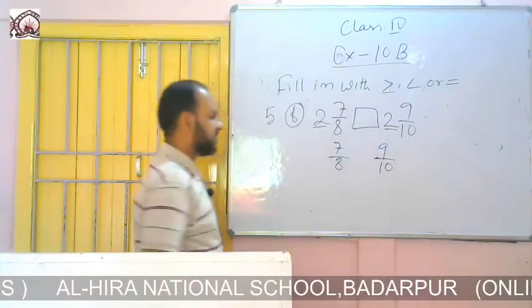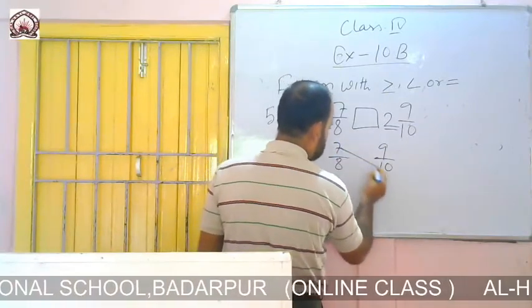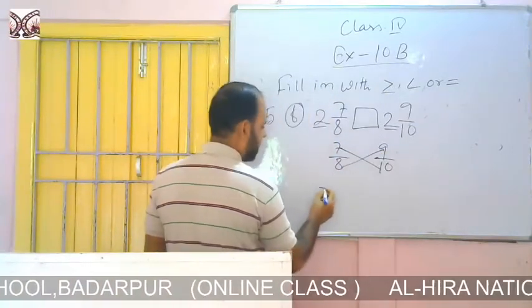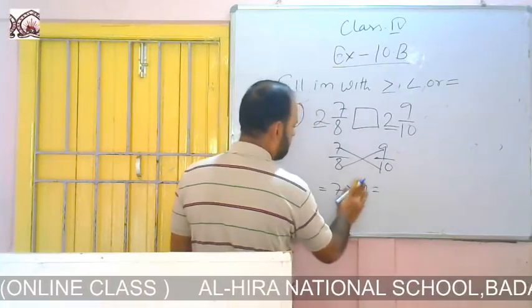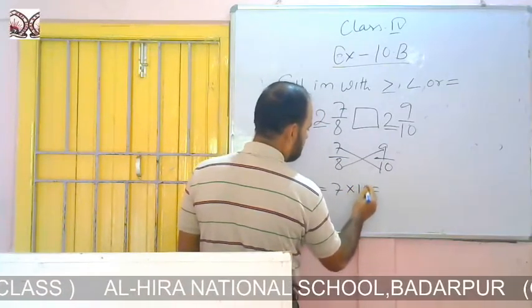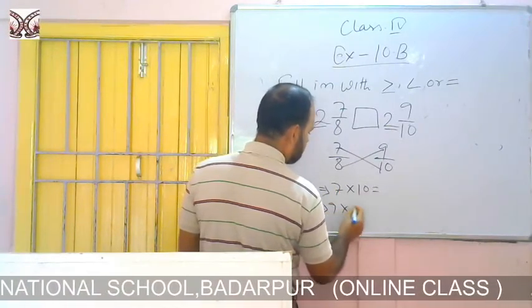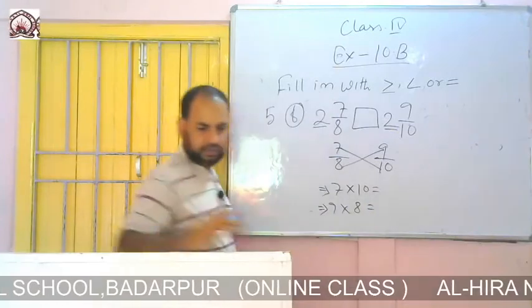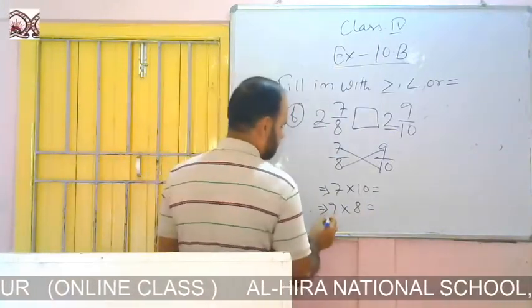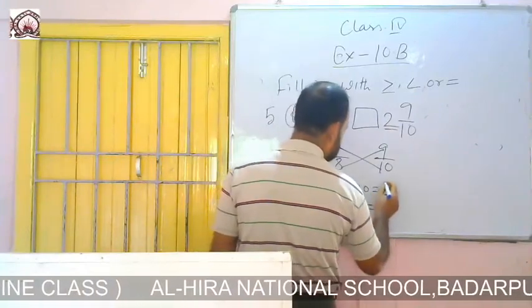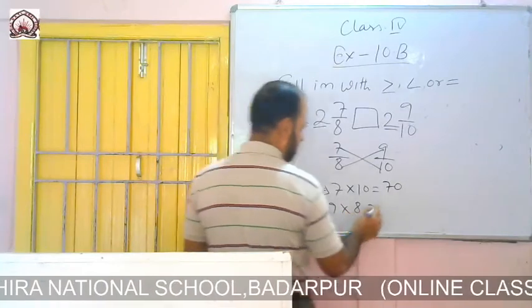Fractions are unlike fractions, so we have to do cross multiplication. So here 7 into 10 and 9 into 8. 7 10s are 70 and 9 8s are 72.